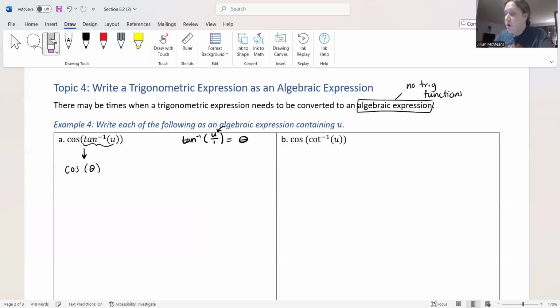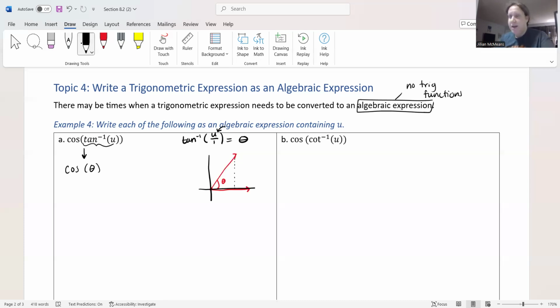Okay. So we need to draw the angle theta. All right. So I'm going to do it in red. So standard position, we should be real good at drawing these angles. So we've got this angle theta. Okay. Now this angle theta, we can create this little reference triangle. So we know that we've got this tangent ratio that's u over 1. We've got this angle theta. We need to build this ratio into this triangle.